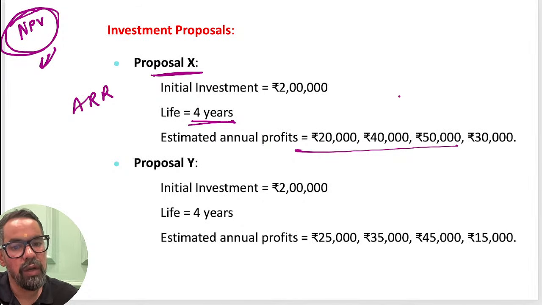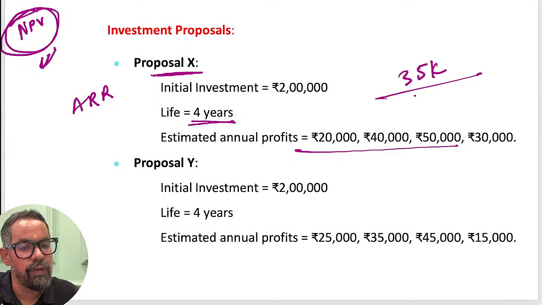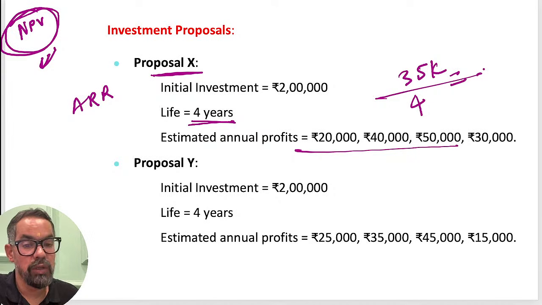35,000. So this is how much, 35,000 for the first case. Average investment is 34,000 divided by 4. Whatever the outcome is, 35,000 divided by 4 into 100, sorry.